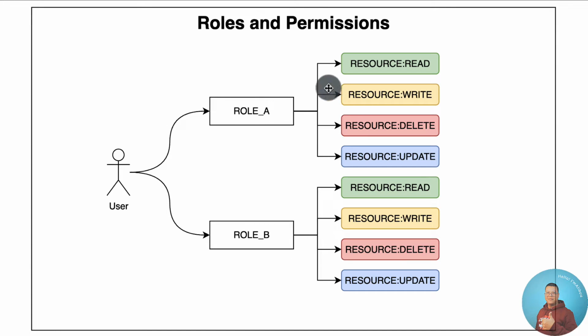Just to give you a small example, a role A, for example, can access the administration resource or endpoint, and it can read. It can also access, for example, management resources and perform a read request there, and the same goes for write, delete, update, and any other type of action that you want.